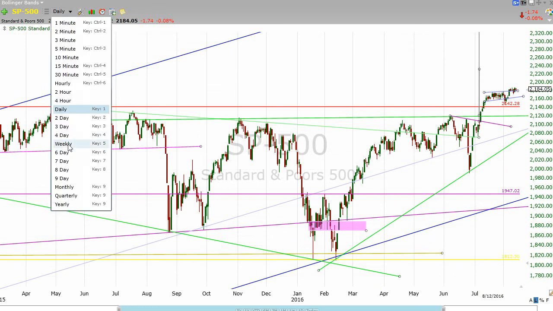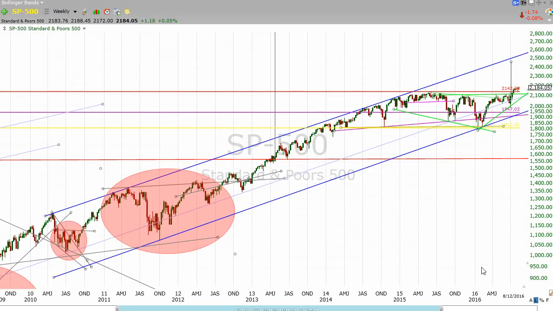If we look back on a weekly chart, you can see that this is a pattern of significant size. It's not quite as large, but it is almost the same size. Not quite, but it's the largest inverted head and shoulders pattern we've had since 2011 and 2012, and we all know what that meant.